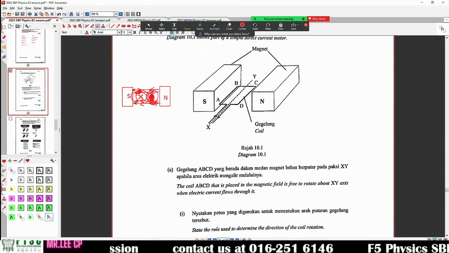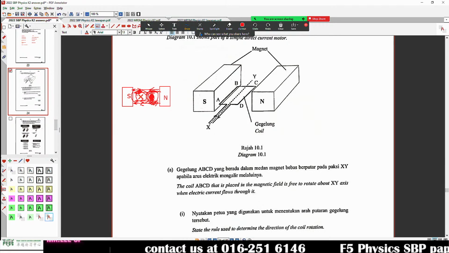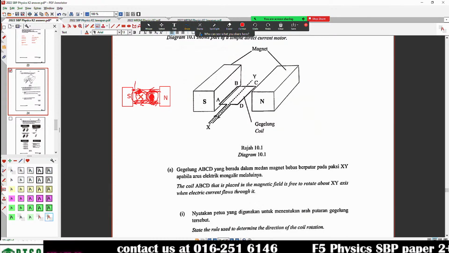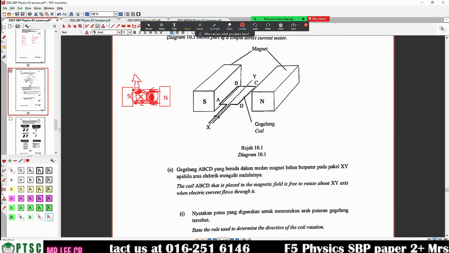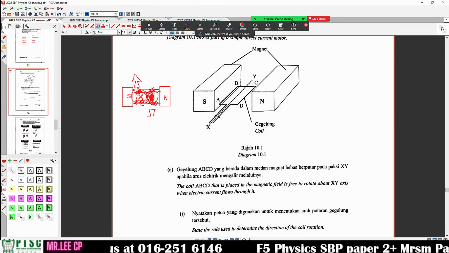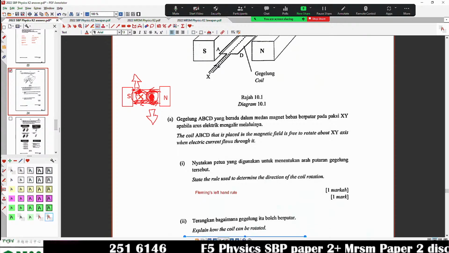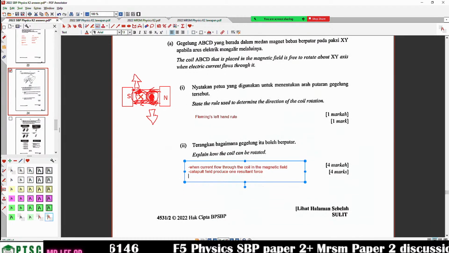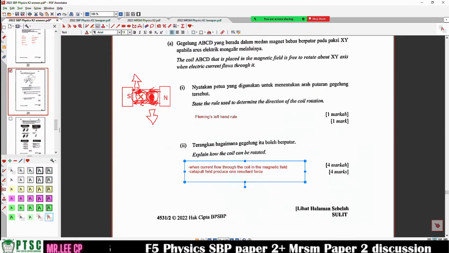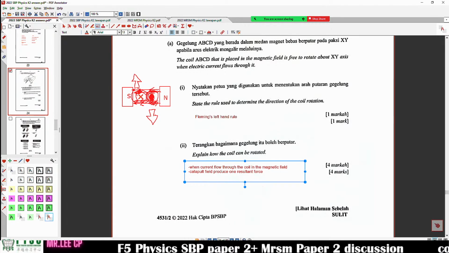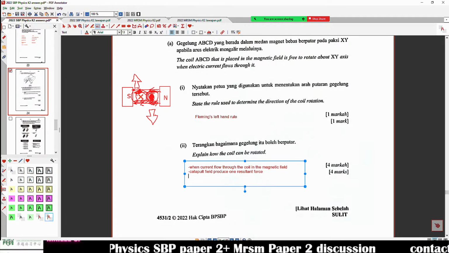So you see the force here presses and then goes down to here. So this side is going up, this side is going down. So what you need to write is, come back to here: the catapult field produces one resultant force.